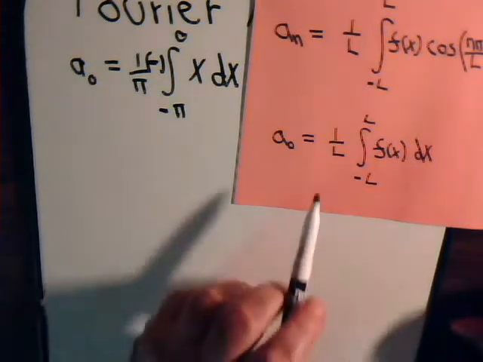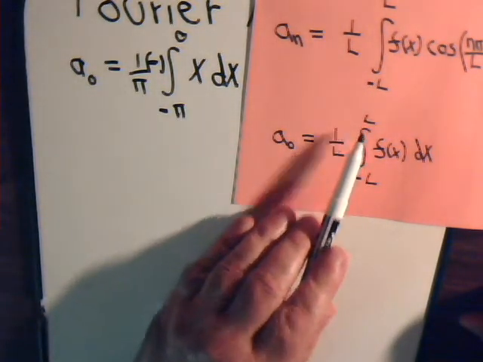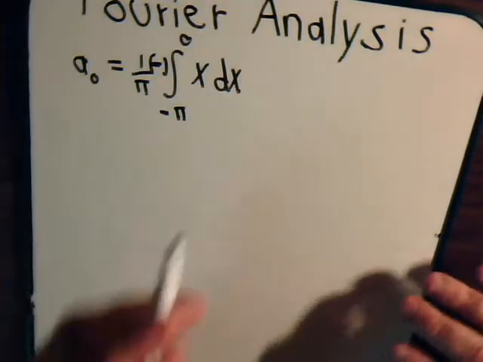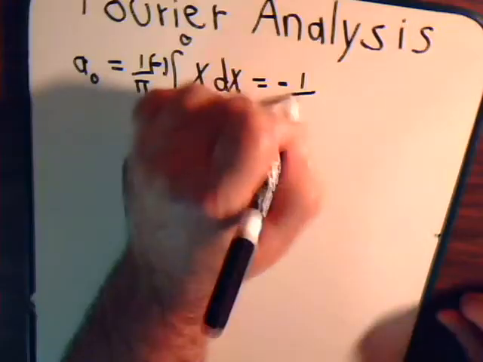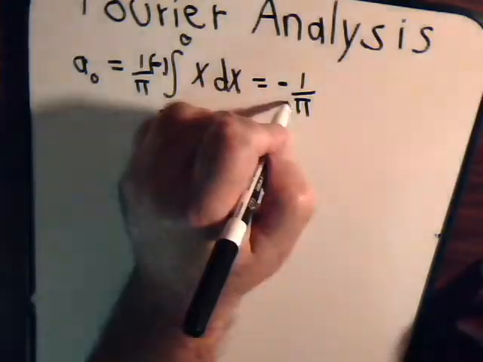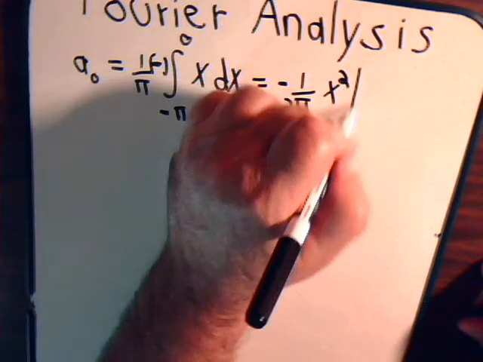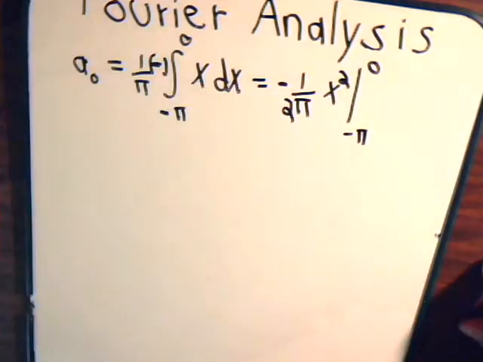This is 1 over pi. Now we're going from minus pi to 0. The function is minus x dx. So let's quickly find out what a sub 0 is. This will equal minus 1 over pi, and this will be 1/2 x squared. So let's just put a 2 here. X squared goes from minus pi to 0.